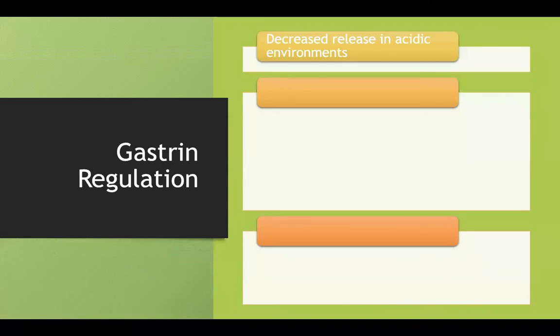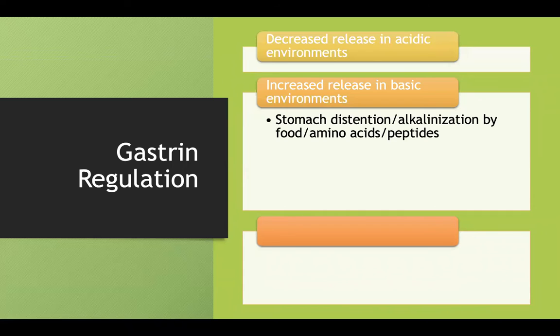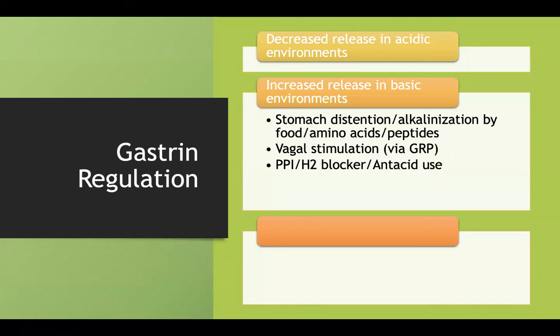And again, this is how it's regulated. Because it produces so much acid, you obviously would want it to be decreased in acidic environments and increased in basic environments as a homeostatic regulator. When we eat food, our stomach in general becomes more basic, and so then you can release more acid in those situations, which has physiologic benefit. You can also get increased release if you have vagal stimulation.